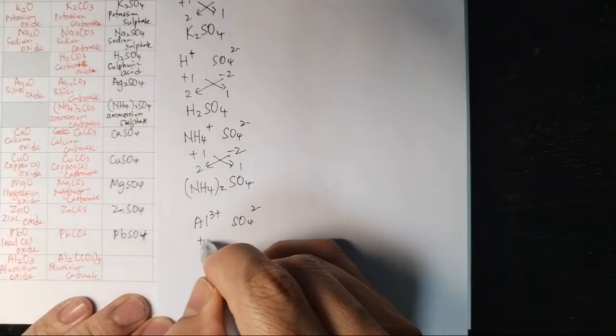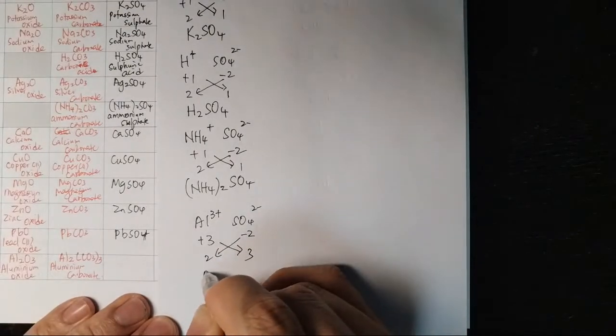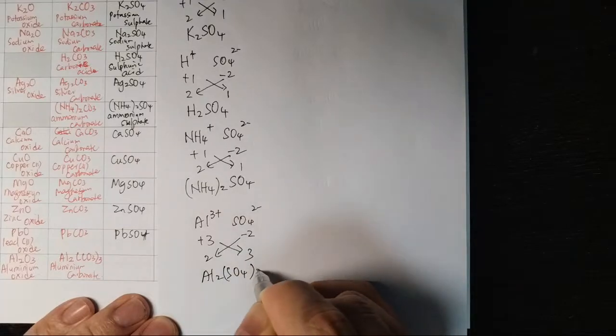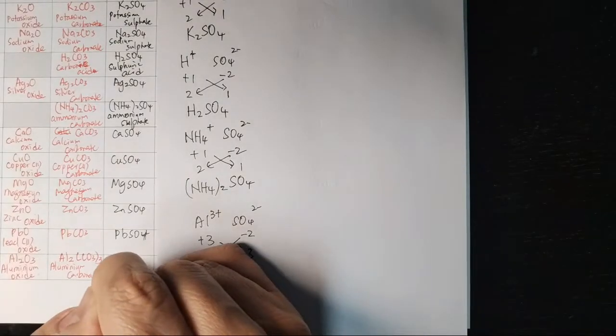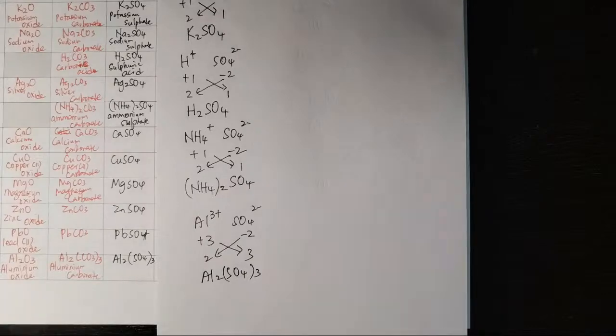So positive 3, negative 2. Interchange 2, this one 3. So Al2(SO4)3, or bracket 3. So aluminium SO4 bracket 3, aluminium sulfate.